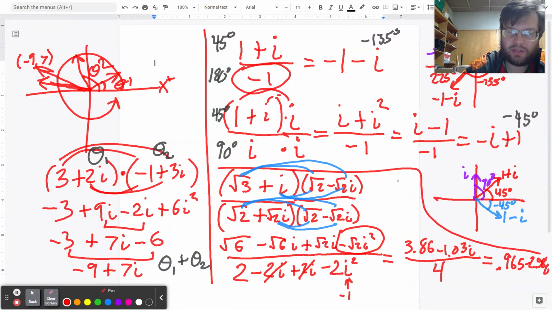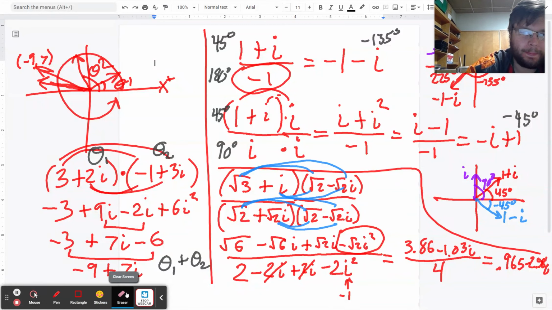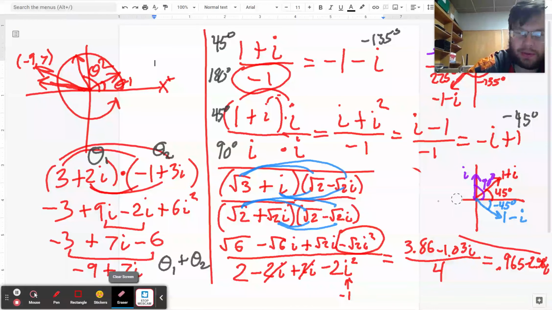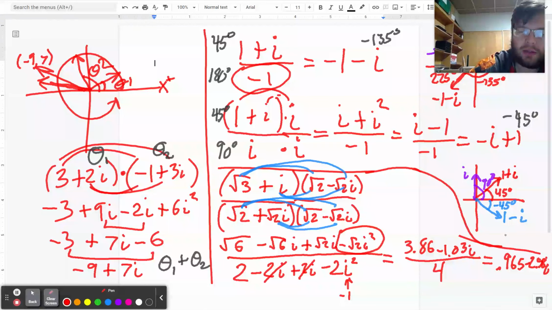So what happened here visually? Let me create a little bit of space. I'll squeeze it in right here. We don't need that part. There we go. Okay. So we started with square root of 3 plus i. That's right here at a 30-degree angle.